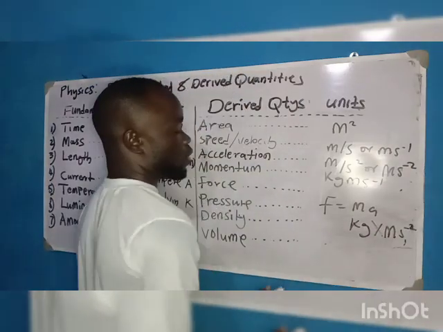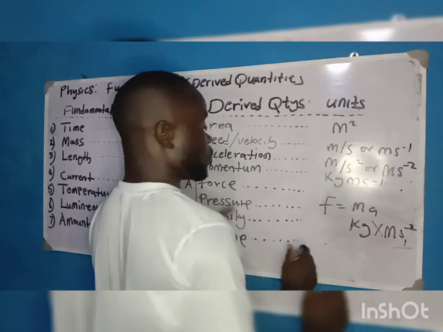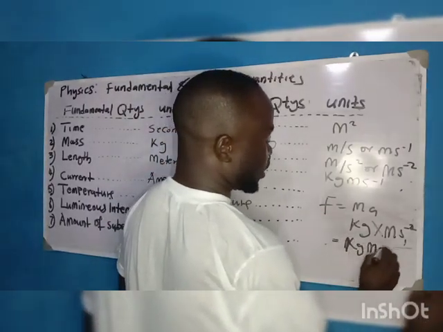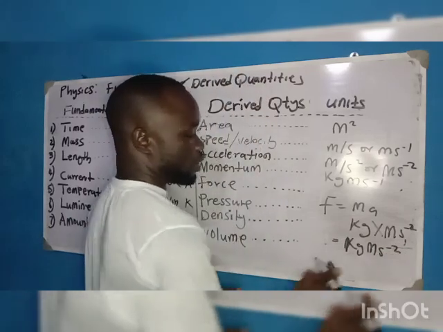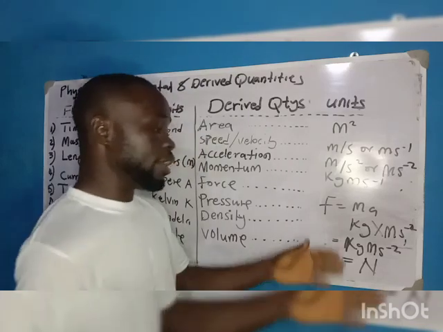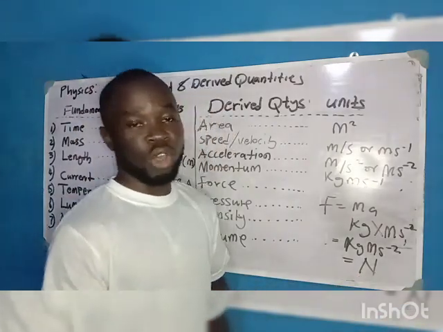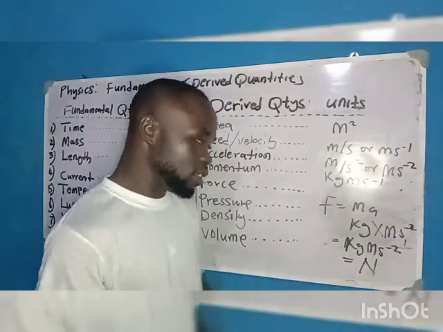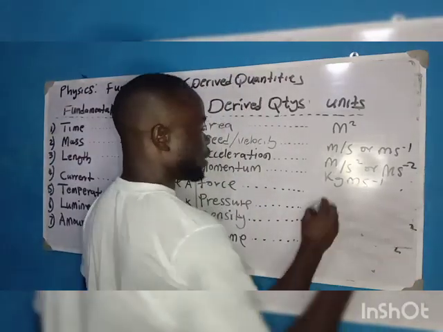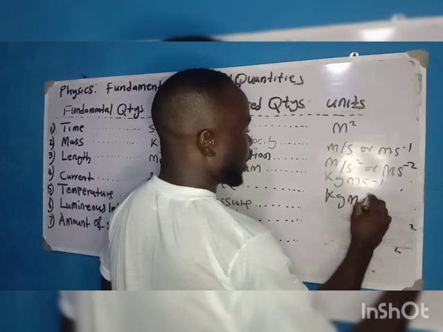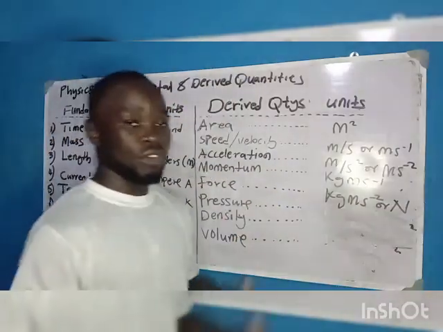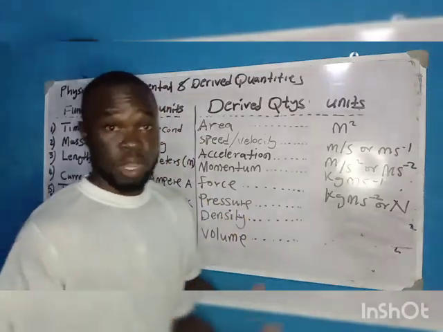So the unit for force is kg meter per second square. You can also say this is equal to Newton, in honor of the person who found this. So it's either kg meter per second square or Newton. Either one you use at the end of the solution, if I ask you to calculate the force, you are correct.